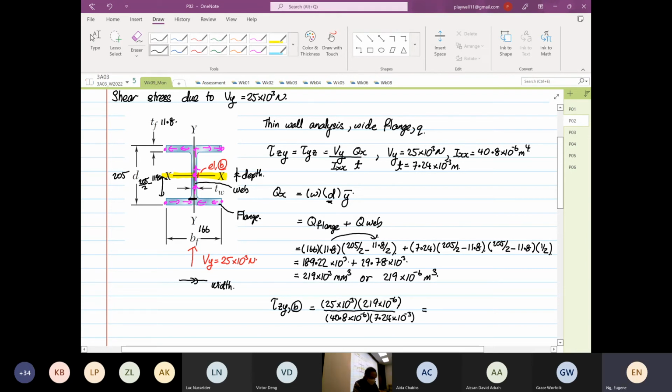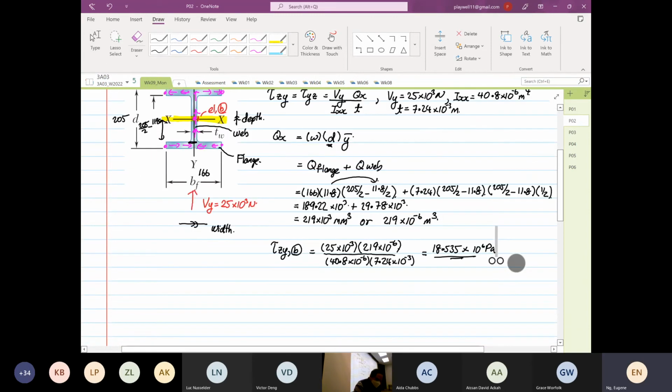It's equal to 18.535 times 10 to the power 6 Pascal.